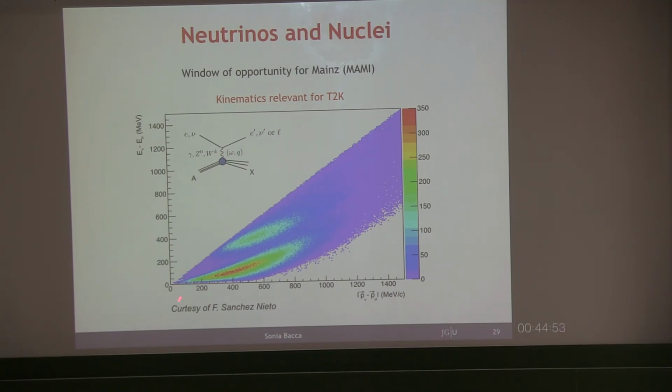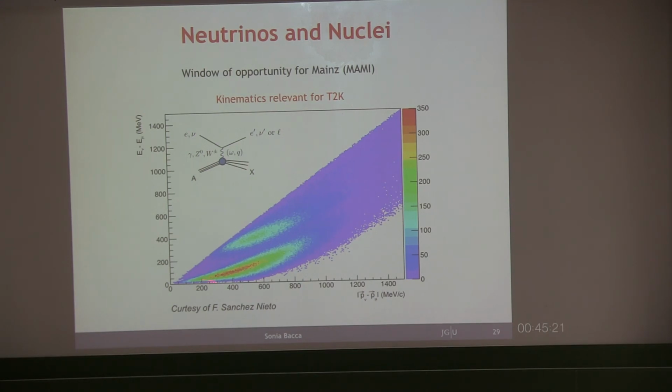And what is shown in this plot is the relevant kinematic region of the T2K experiment, which has oxygen as a target. Here you basically see the momentum transfer, and here the energy transfer. And the color code is related to occurrences, meaning how many times this kinematics comes into the event simulators.